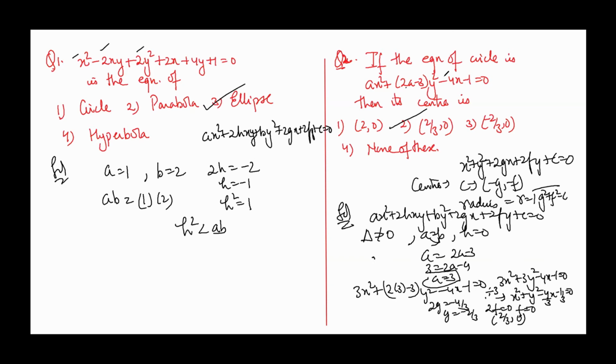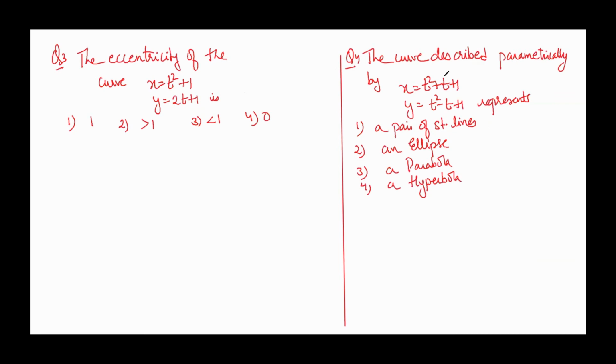Now, what else is written here? In this question we have to find the eccentricity of the curve, and the curve is given in parametric form. In parametric form there is a variable, and in order to find the curve, that is the locus, we have to eliminate that variable using these two equations.